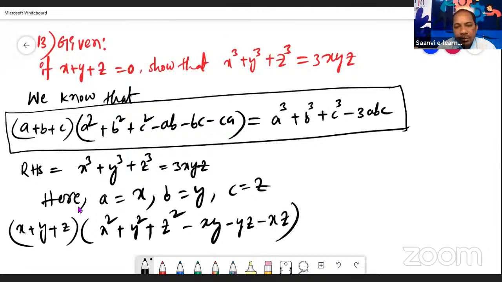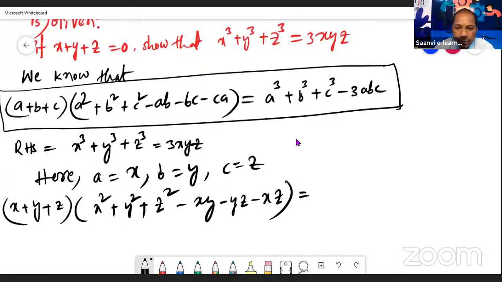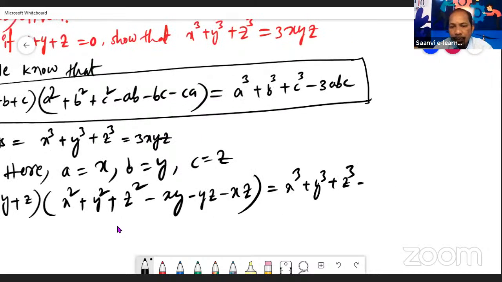So we get x cube plus y cube plus z cube minus 3xyz, which means a cube plus b cube plus c cube minus 3abc, right?